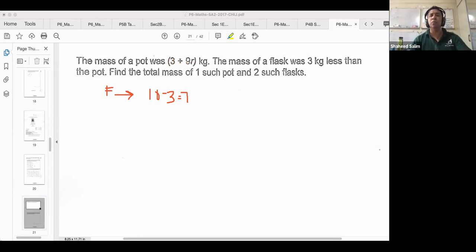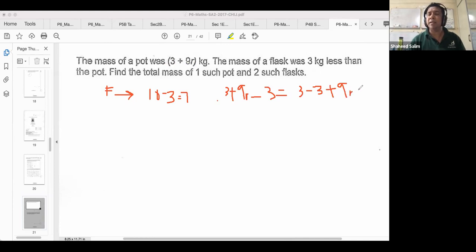So what do you do? Very simple. You follow the same step. You take 3 plus 9R. You go in minus 3. So how to minus them? 3 minus 3 is it? Okay, we rearrange now. 3 minus 3 plus 9r.